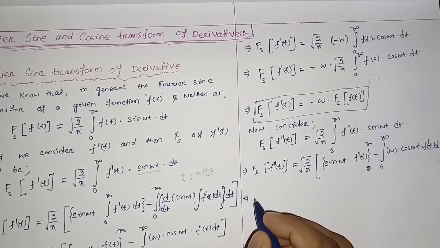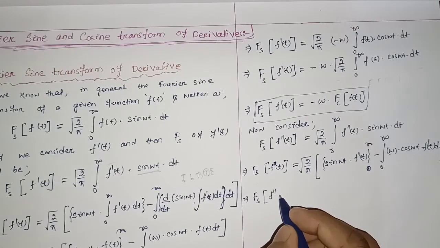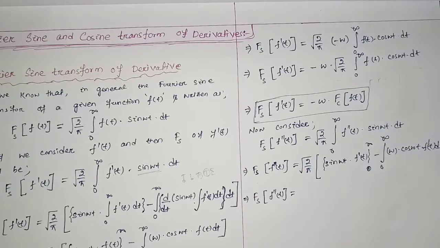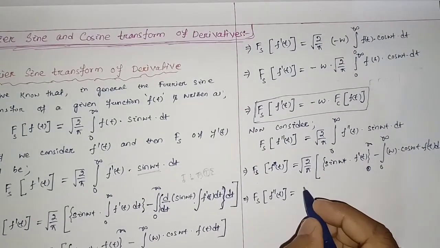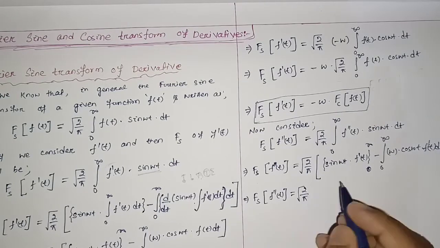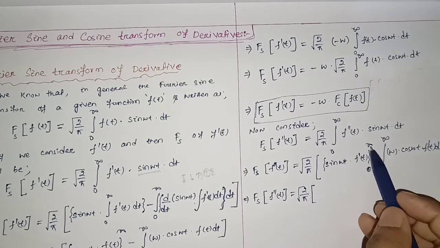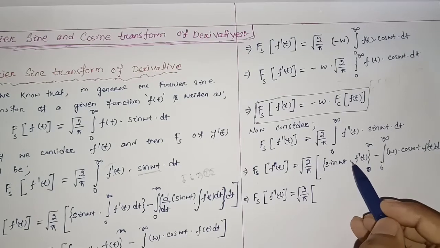So that implies the Fourier sine transform of the double derivative will be equal to, here you can see, 2 by pi is there, you just write it. Now whenever we apply the higher limit, it will be sine infinity into f dash infinity.